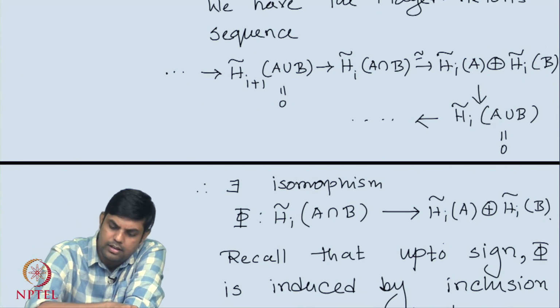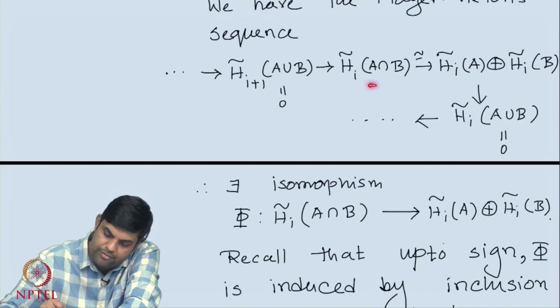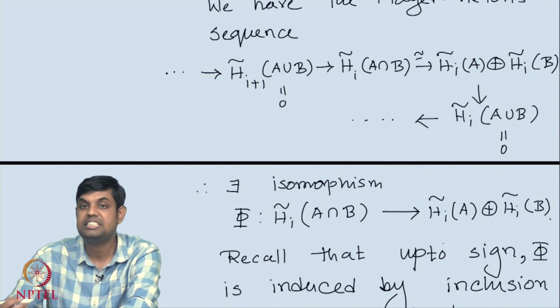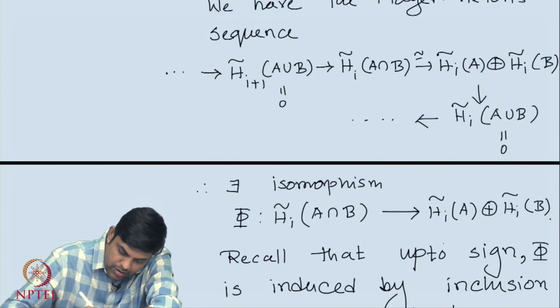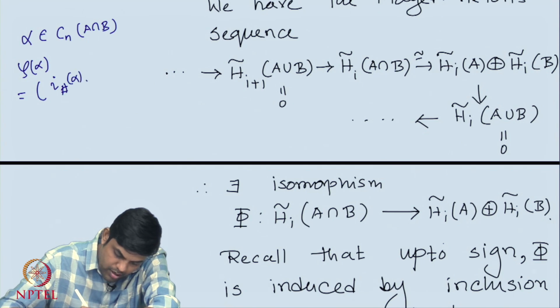Now recall what this phi map was in the Mayer-Vietoris sequence. On the chain level, if I have alpha in A intersection B, then this map phi, which induces capital Phi, goes like this: i hash alpha, comma, minus j hash alpha.